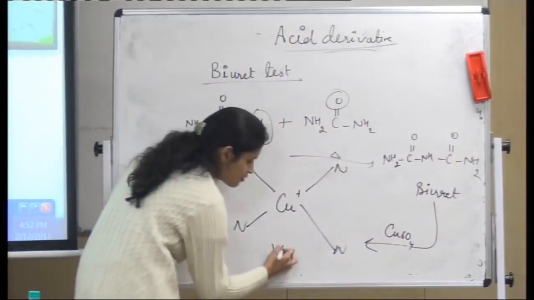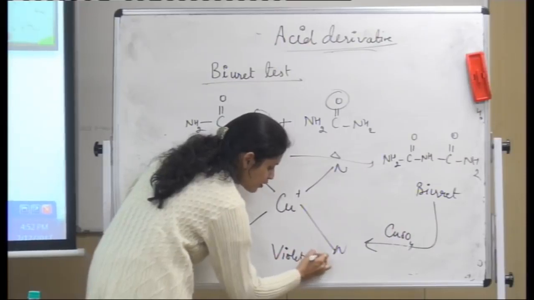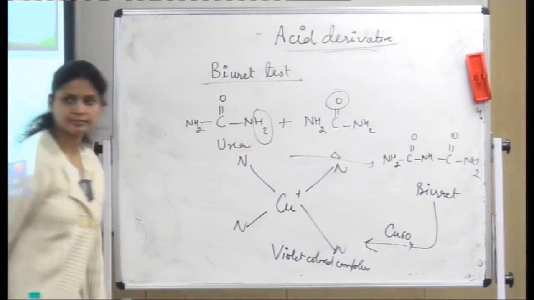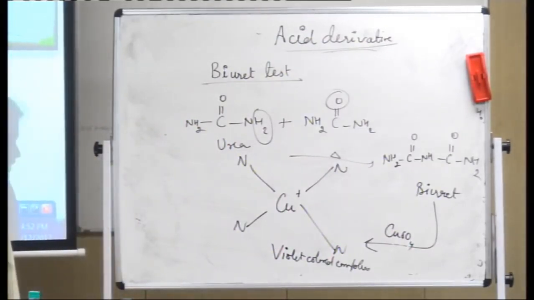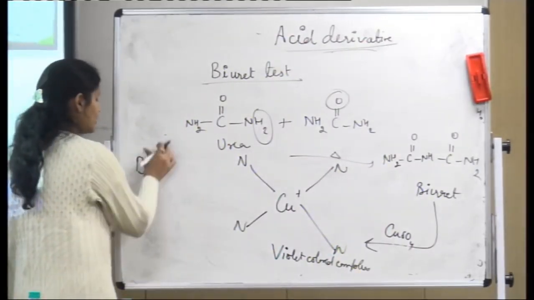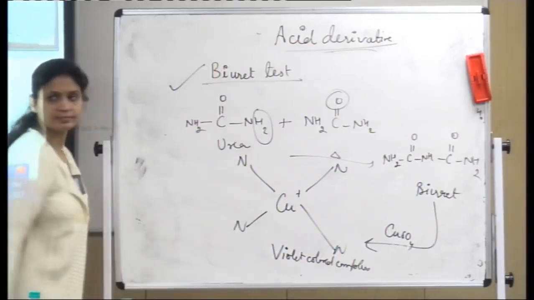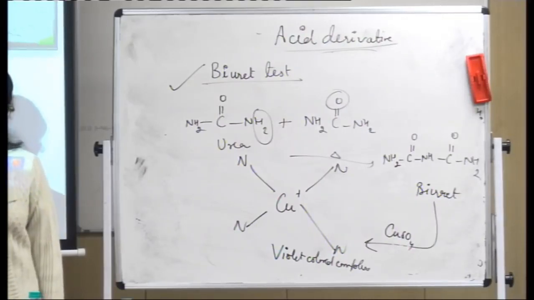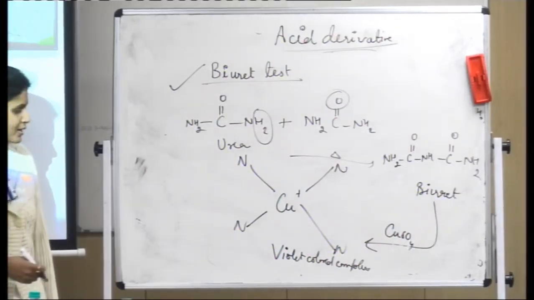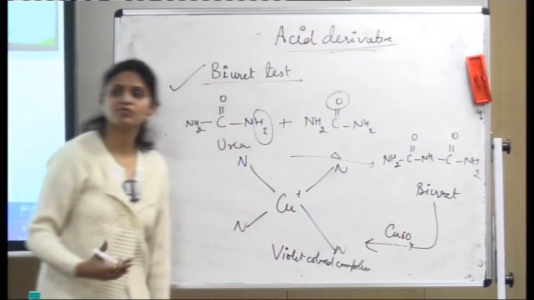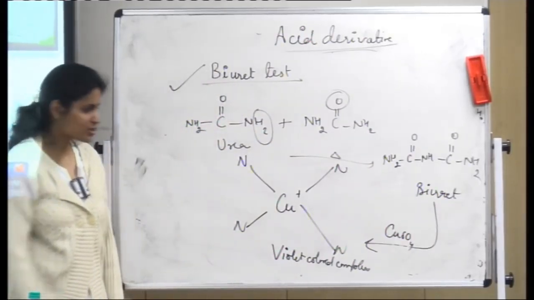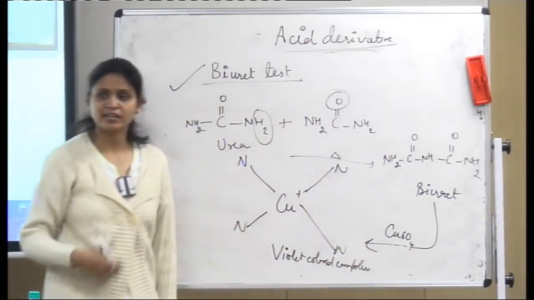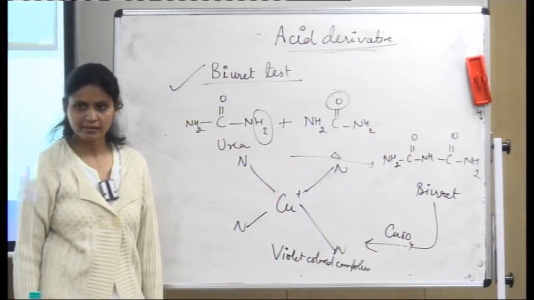And this is a violet colored complex, and hence this is known as the biuret test. Whenever you add an alkaline solution of copper sulfate to biuret, a violet colored complex will form, because this is due to the chelation of the copper metal ion with the nitrogens, right?